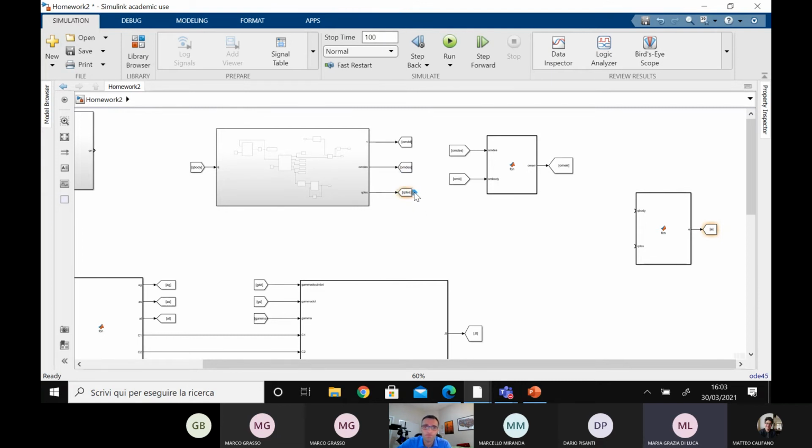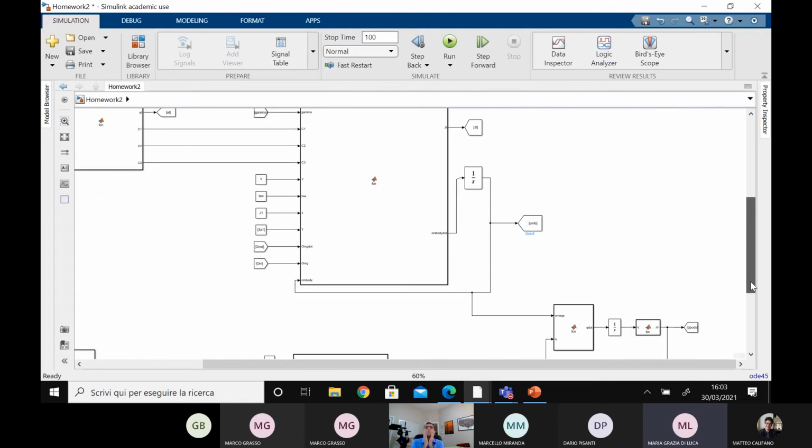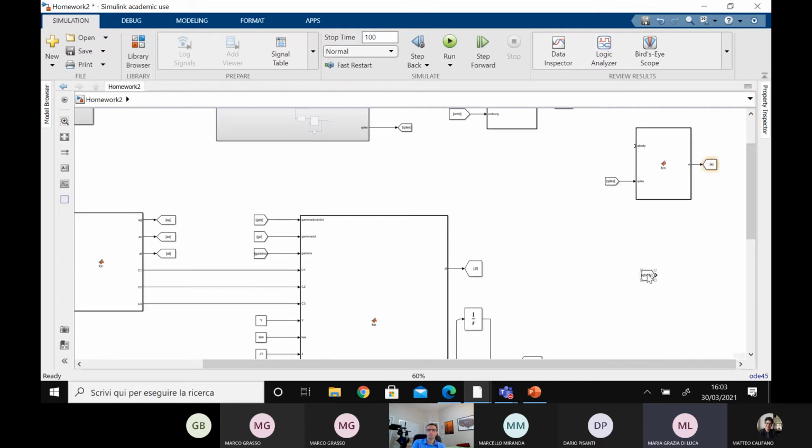Okay, so I need this one to go here. While for the body quaternion, we have this. Okay. And now, this was the last one that I was missing.